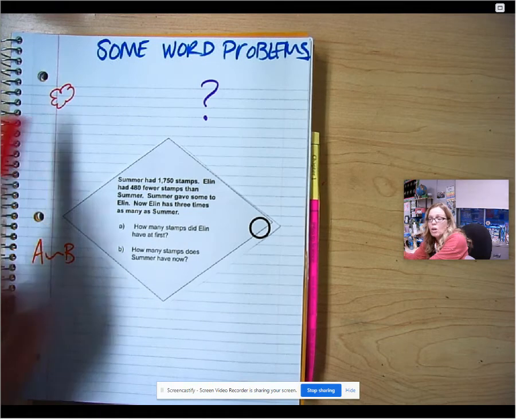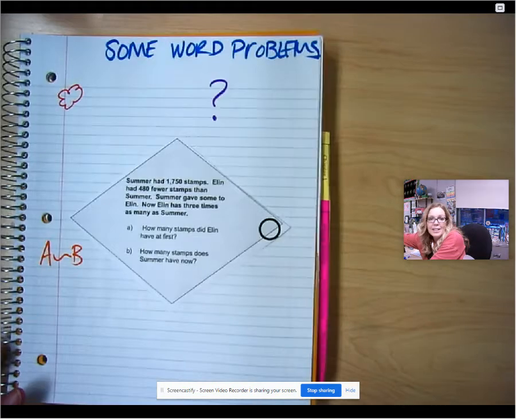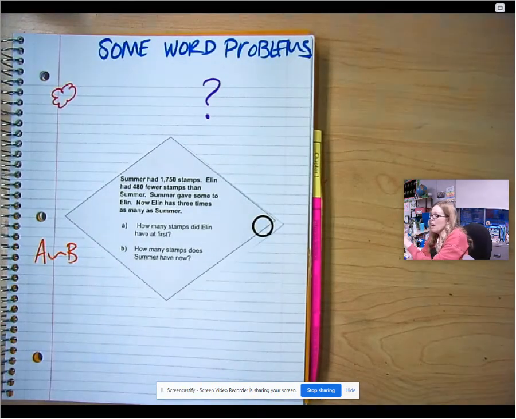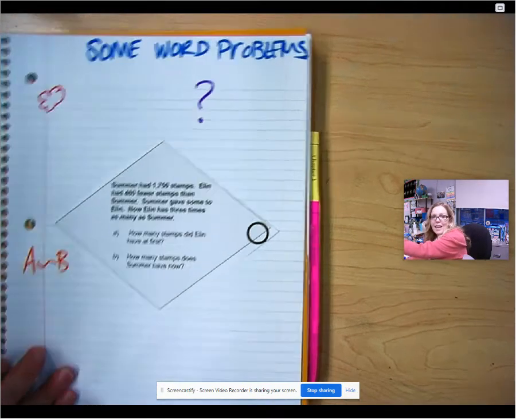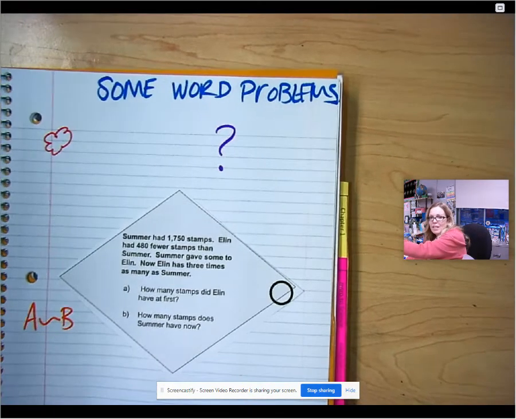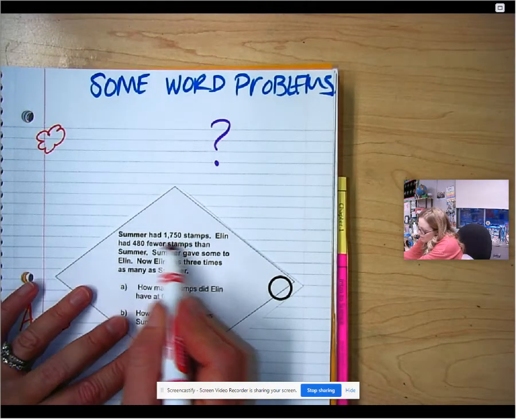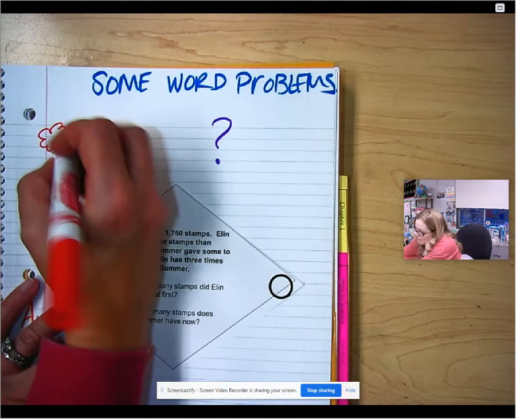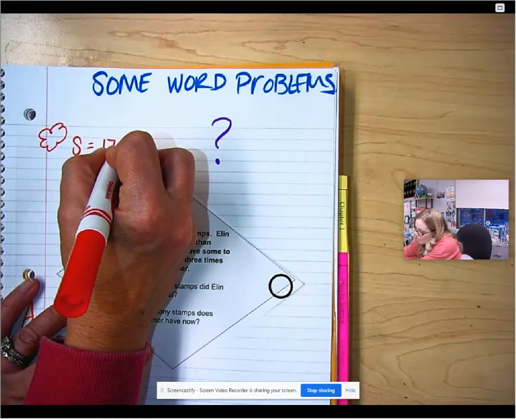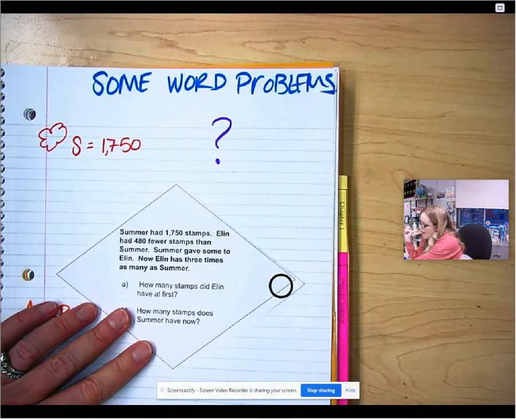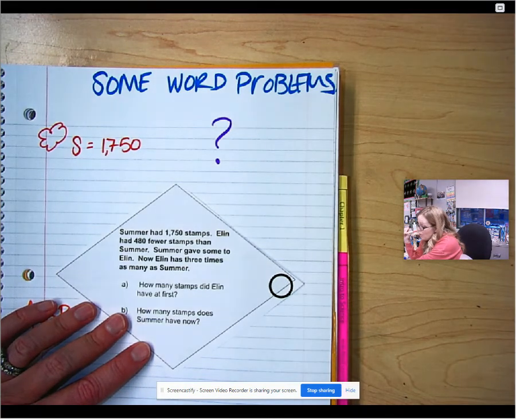So if you recall, the flower icon reminds us of what are the details that we might need. And in this case, our details are that Summer had 1,750 stamps. So Summer has 1,750 stamps. Elin had 480 fewer than Summer.